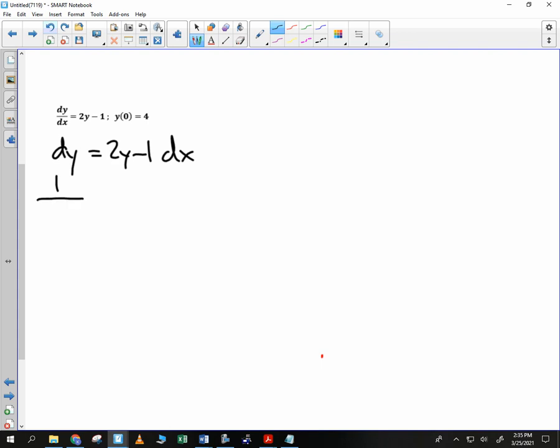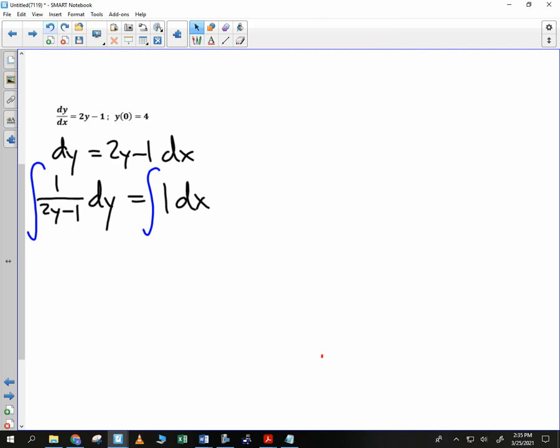So 1 over 2y minus 1 dy is equal to just 1 dx. Now, that 1 is just because we have 1 dx. It's not like this minus 1 stuck around or something like that. That's the separation of variables. Now we take an antiderivative.